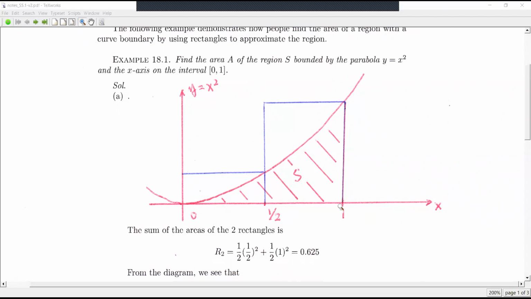Now, based on each subinterval, I build one rectangle. Over the first subinterval, I use the function value. The function is x squared. The function value at the right endpoint, 1/2, is used as the height to build one rectangle.